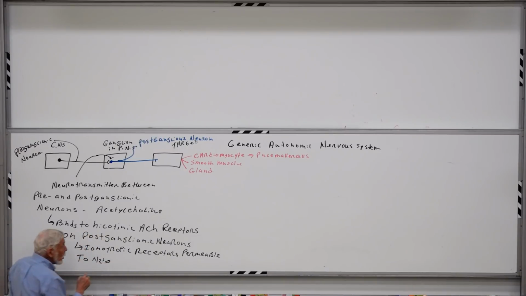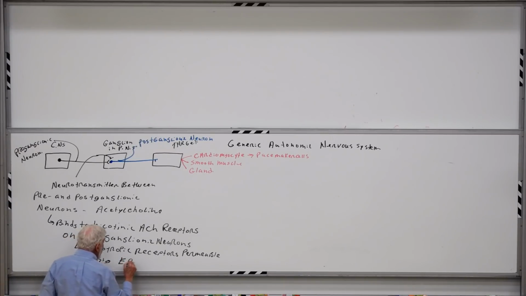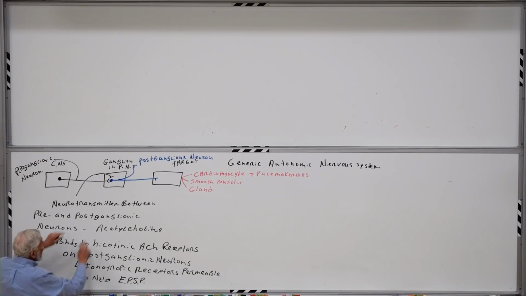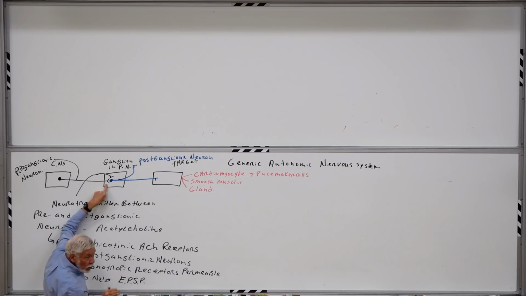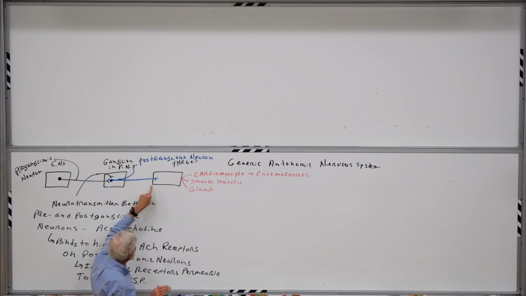In other words, they're going to generate an excitatory postsynaptic potential, an EPSP, in this postganglionic autonomic neuron, regardless of whether it's a sympathetic neuron or a parasympathetic neuron. That will generate action potentials which propagate along the axon down to the target.